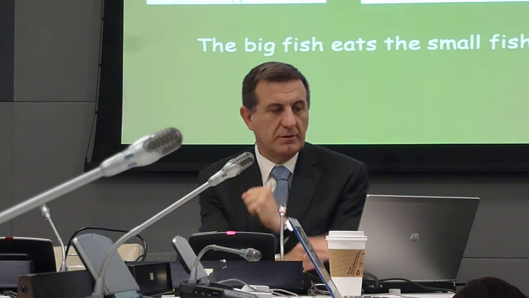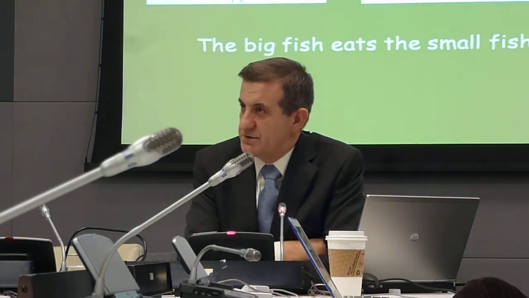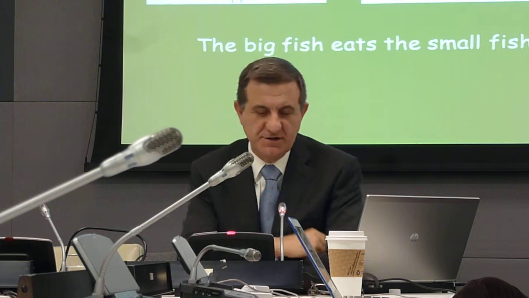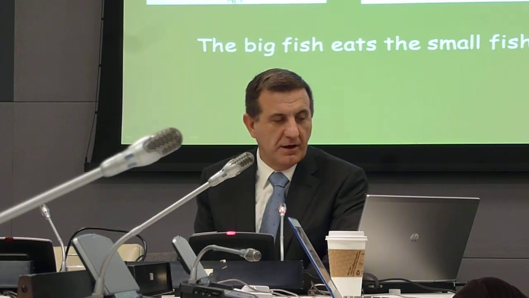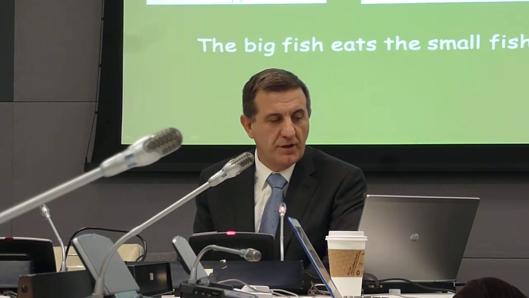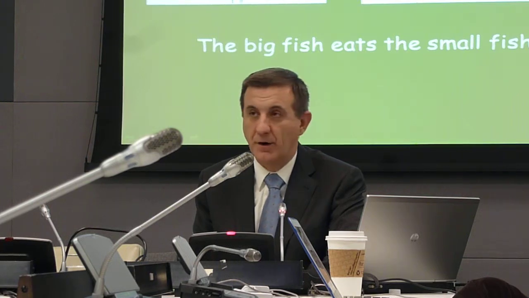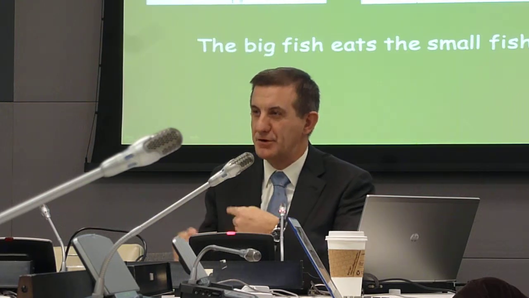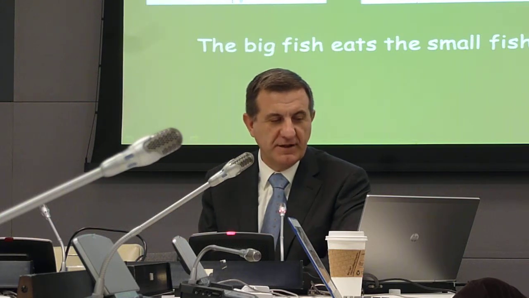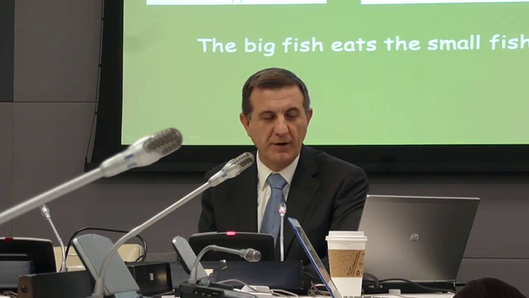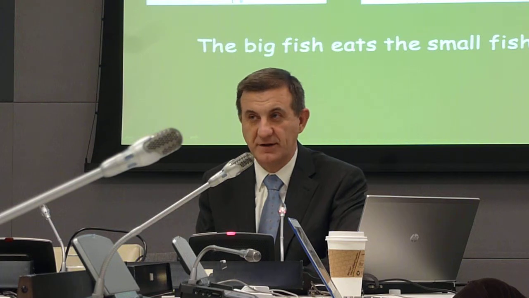Now, you have here some simulations that are much easier to understand. This is a group with a big power, and this is a group with less power. When we run the model on the computer, we see that this group is losing power and finally disappears.